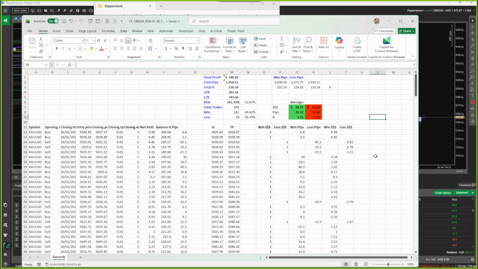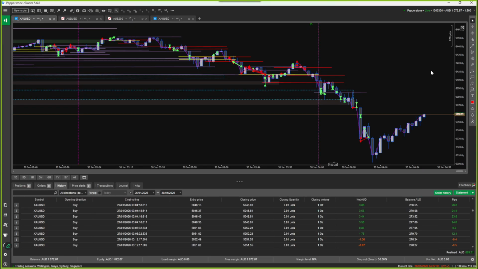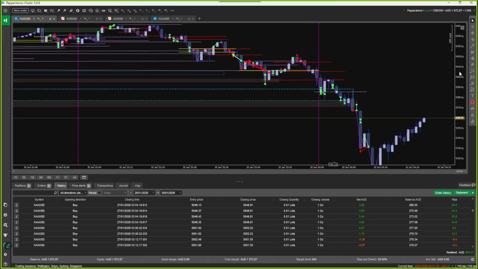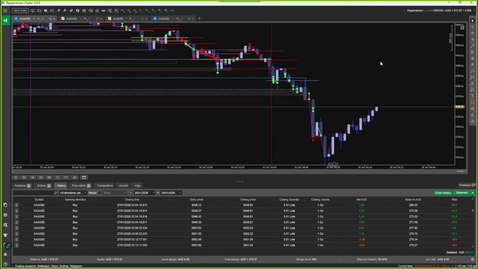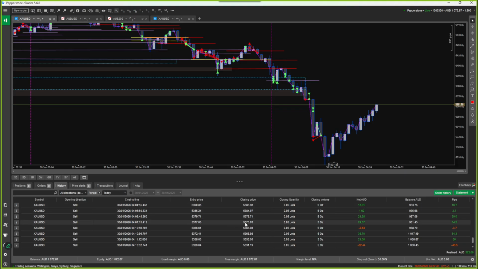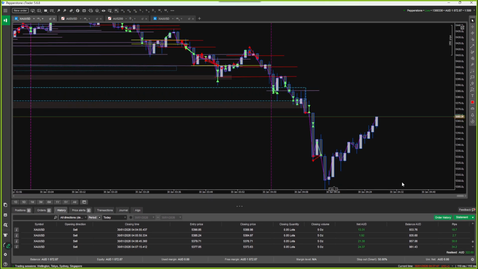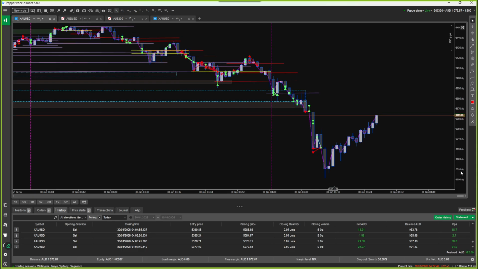Whereas, and I mean this in a critical way, visually your chart at the end looks pretty messy. So you probably could have got the same result with 3 or 4 trades. But you got the money in the bank.